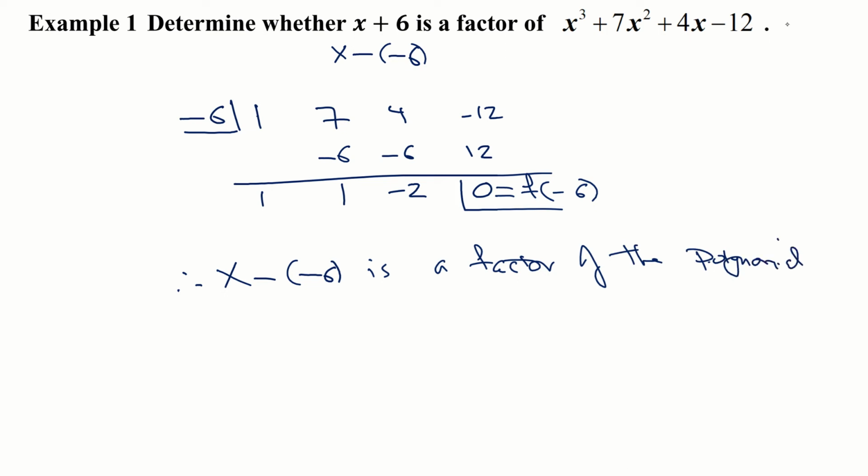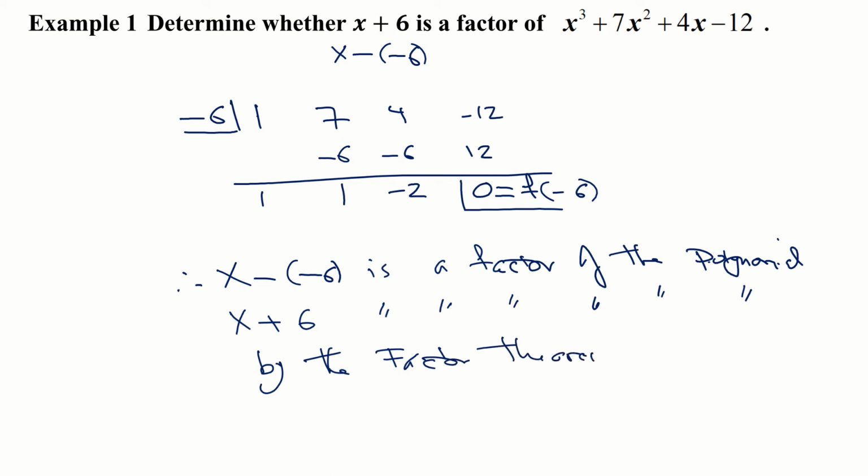Now, x minus negative 6 is, of course, x plus 6. It is going to be a factor of the polynomial by the factor theorem. All right, so there's a quick application of the theorem we just learned about.